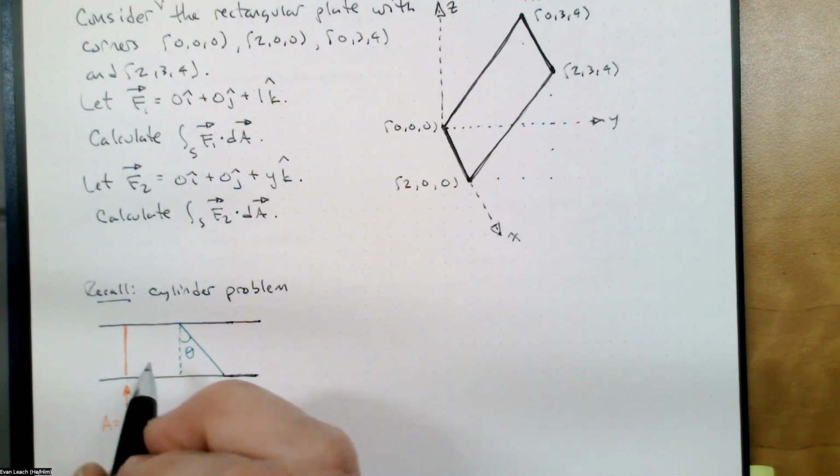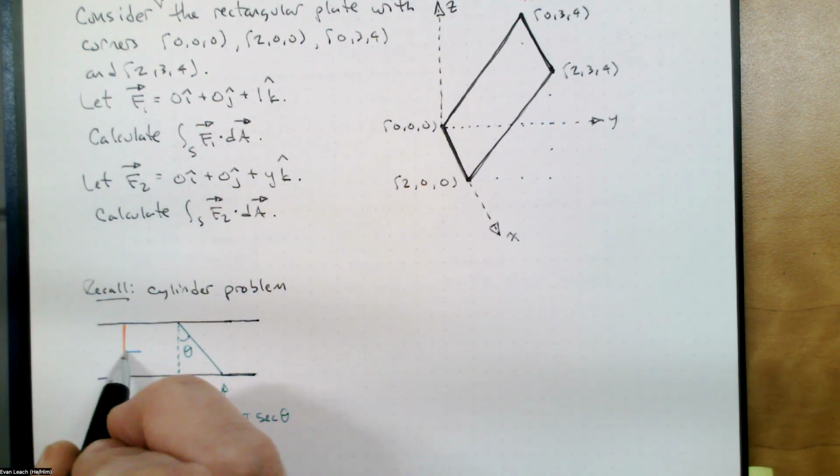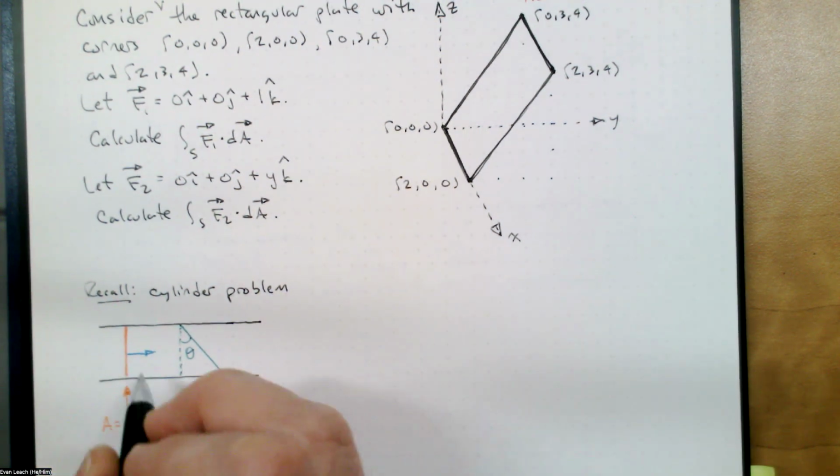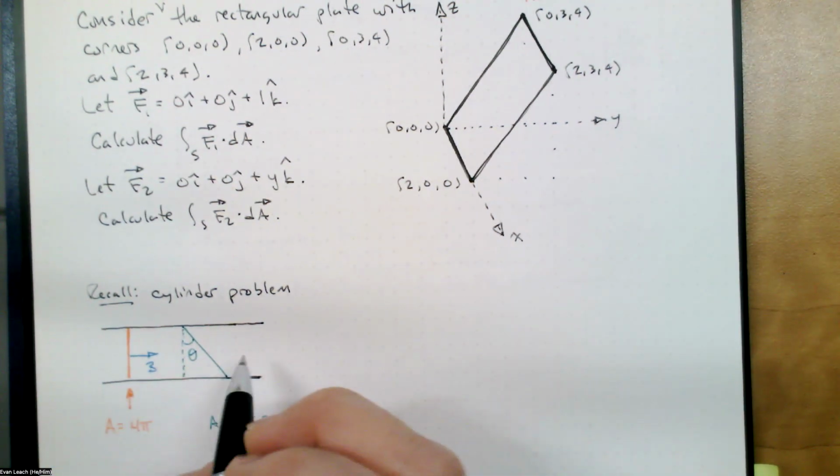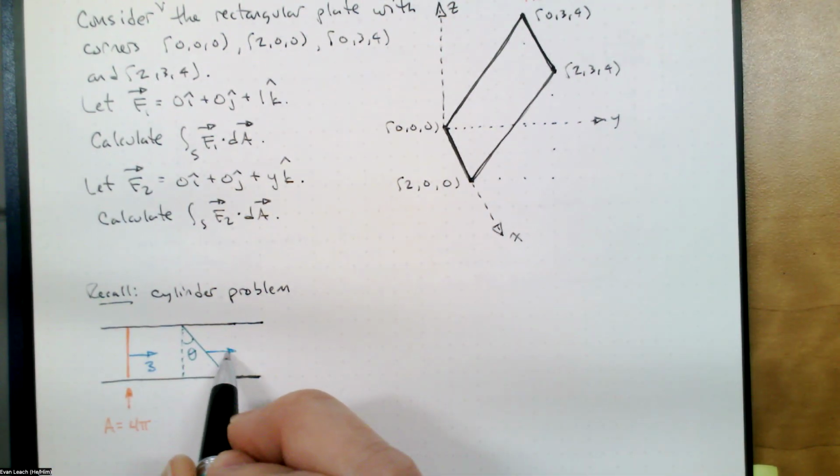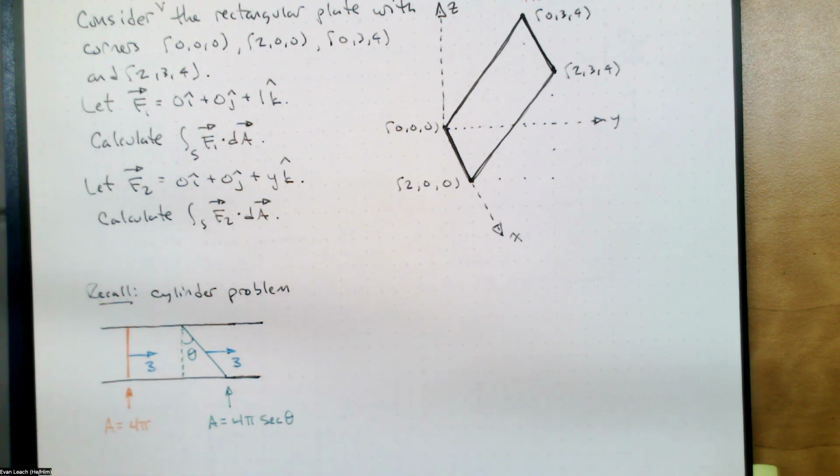So in both cases, the water was flowing at 3 centimeters per second. But in both cases, the flux needed to be 12 pi.